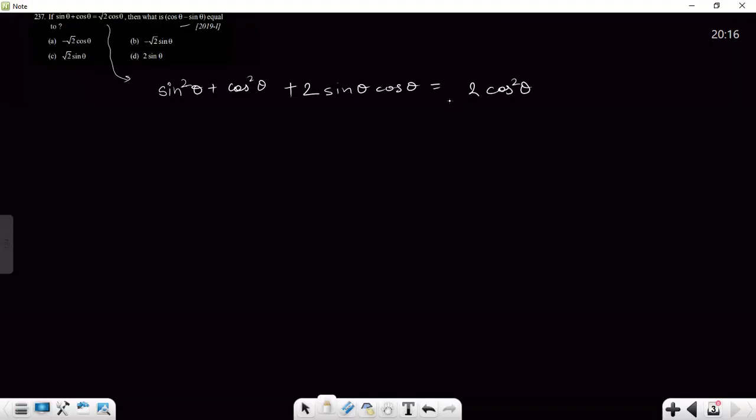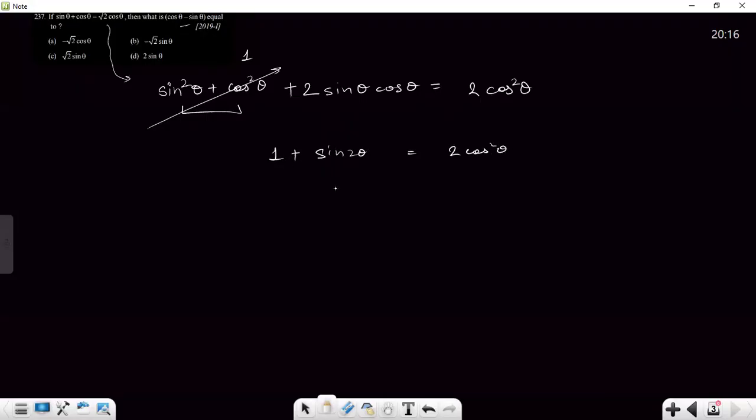Okay. So what we have to find out? Cos theta minus sin theta. We know sin square theta plus cos square theta is what? 1. So we have 1 plus 2 sin theta cos theta. This is actually sin 2 theta, and this is 2 cos square theta.